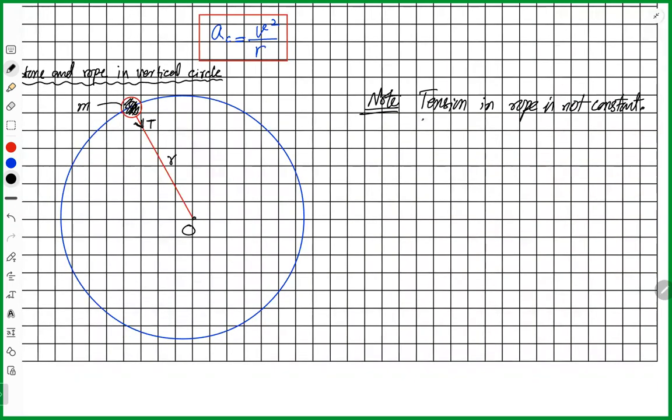Because the weight of the mass or object sometimes acts along the centripetal force and sometimes against.